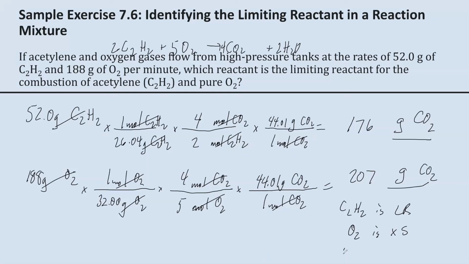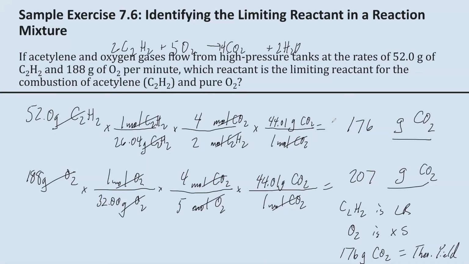And then finally, it also means that our theoretical yield for the reaction is 176 grams. Because again, whatever the limiting reactant yields, that's what we should expect as far as our product is concerned.